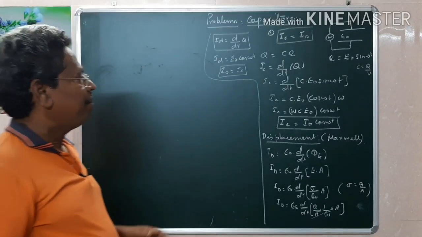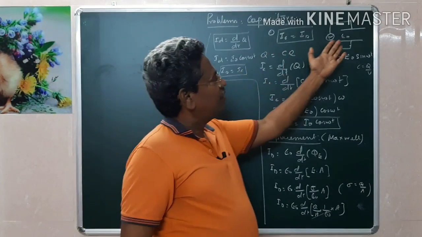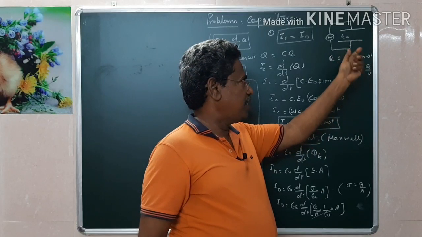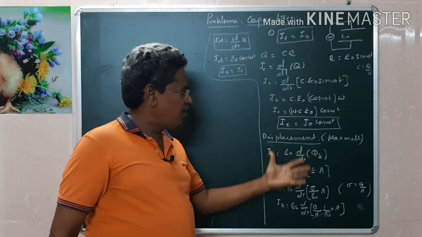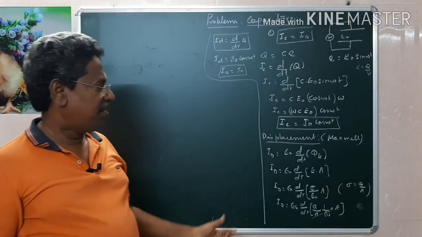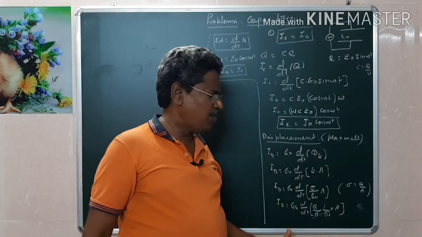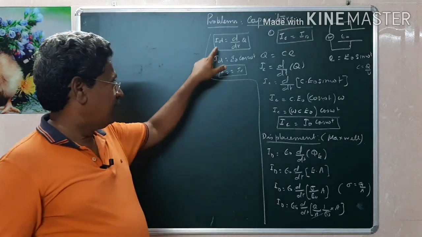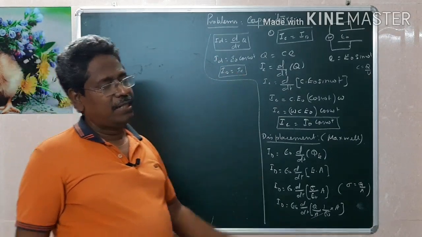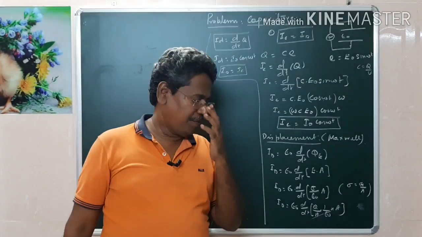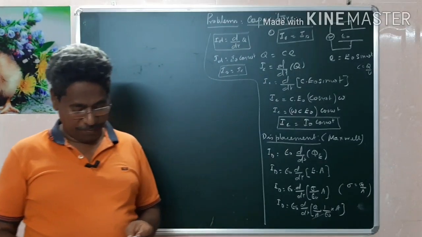Due to the alternating flow of charges, a current is stored, or the charging current is given by this expression. And according to Maxwell, the displacement current is given by this expression. Just by using mathematics, we have proved that the displacement current is equal to the current due to the charging of the capacitor. This is question number 1.